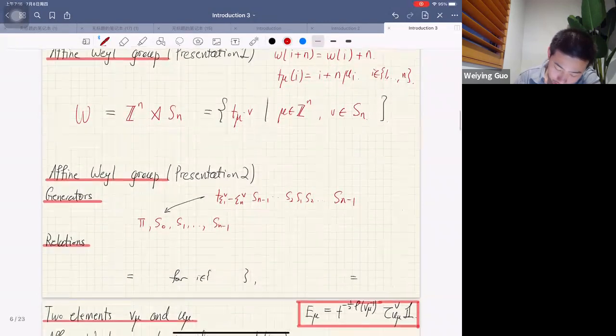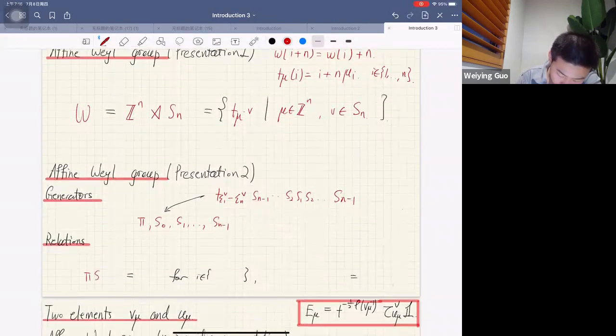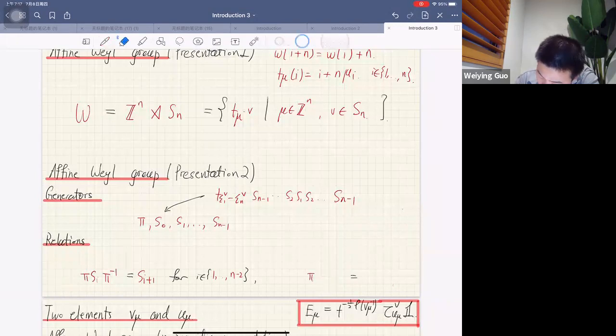In terms of the relations, we get pi s_i pi inverse equals s_{i+1} for i from 1 to n minus 2. And pi s_{n-1} pi inverse will give us s0.